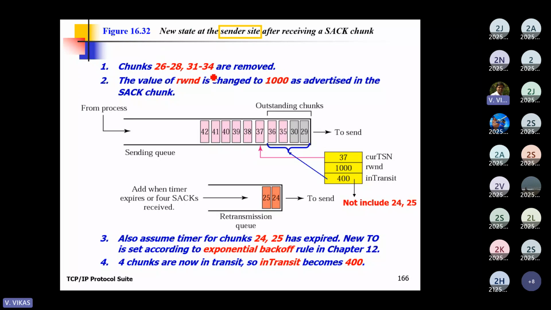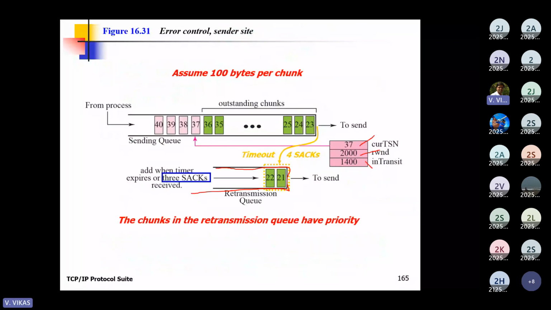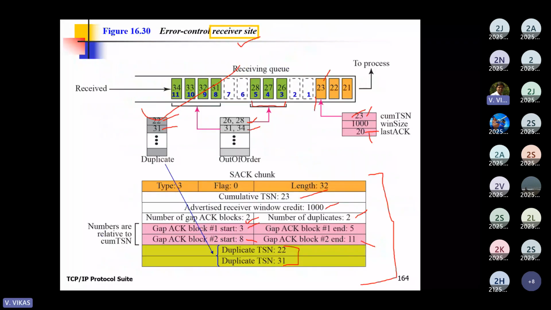On reception of selective acknowledgement, what we are doing, see here. Just to recap, what we said is we are saying till 23 I have received, 26 to 28 I have received, 31 to 34 I have received. And acknowledgement what we are providing, cumulative TSN, we provided 23 and we are saying these are the gaps I have.